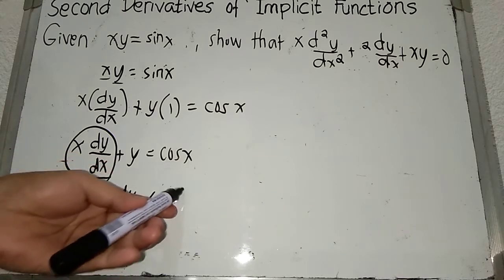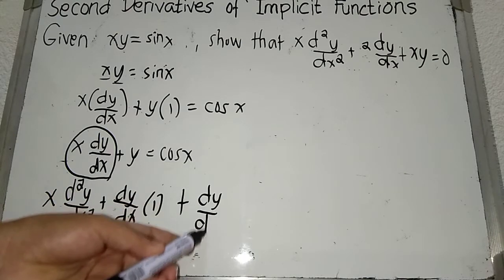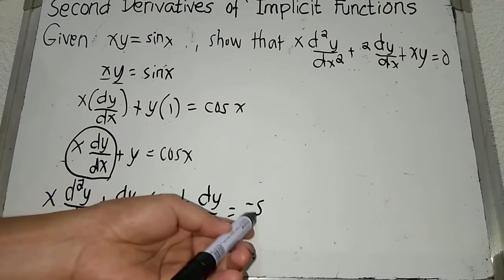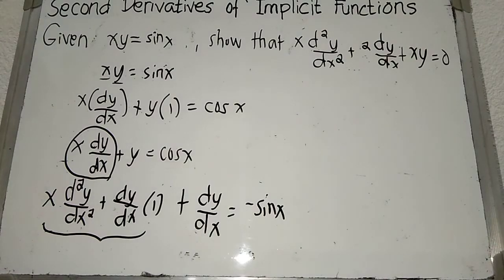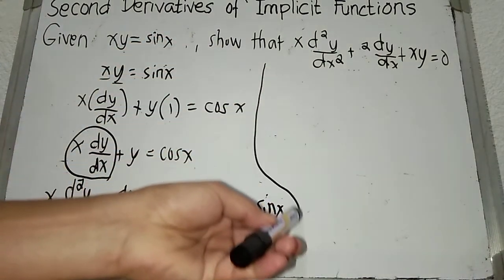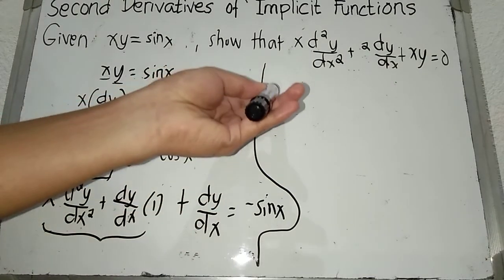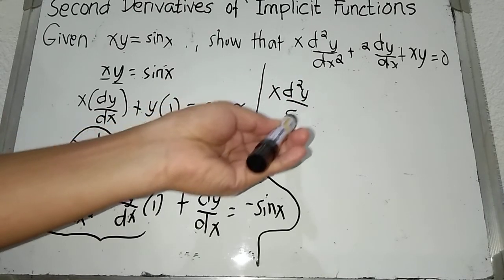Now let's proceed, copying plus. What's the derivative of y? It is dy over dx. And take note, the derivative of cosine x is negative sine x. This is the derivative of a trigonometric function. Now at this point, we are going to simplify, copying x, the second derivative of y with respect to x.